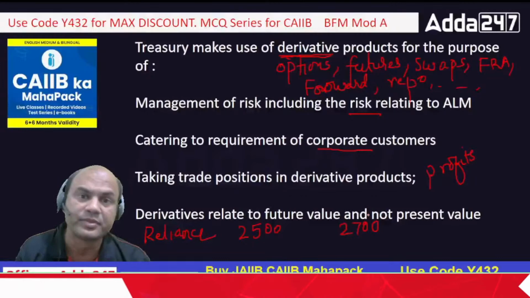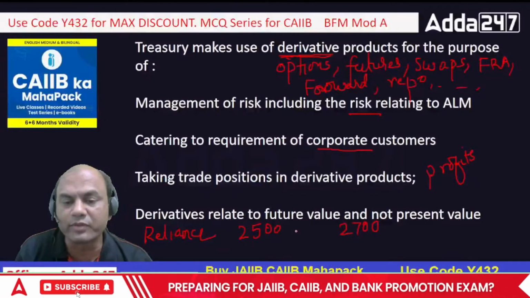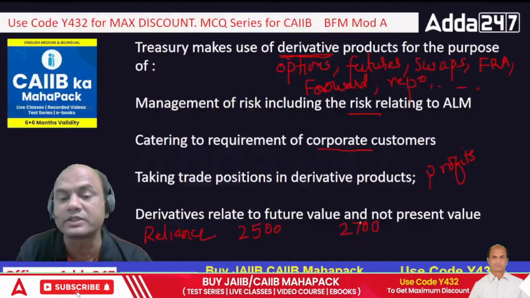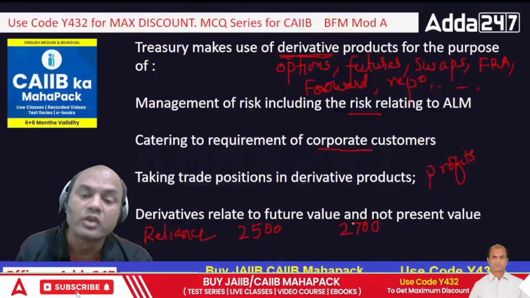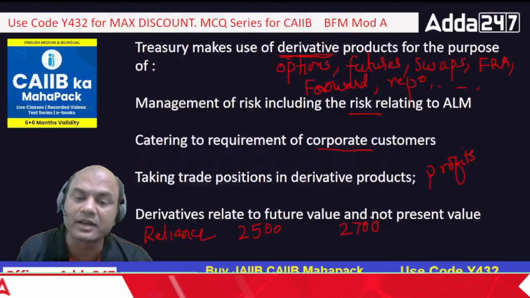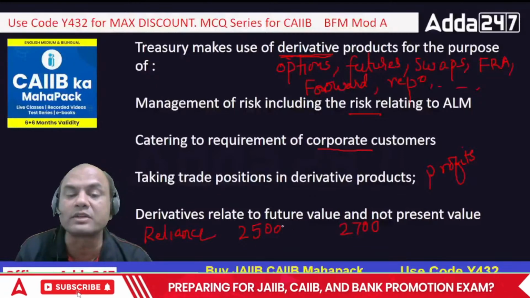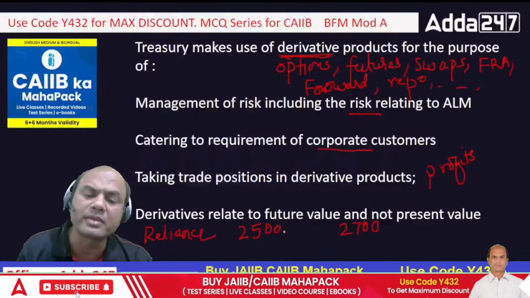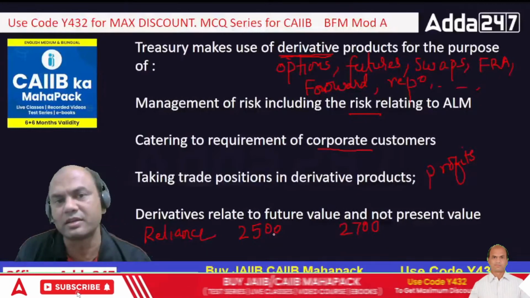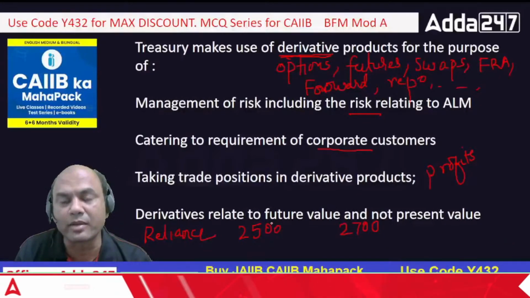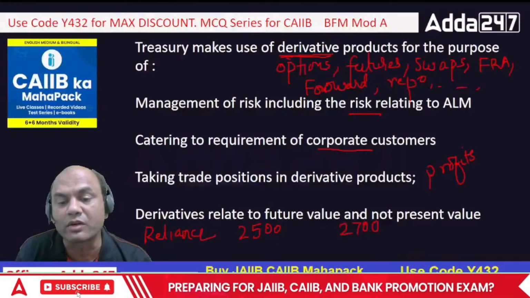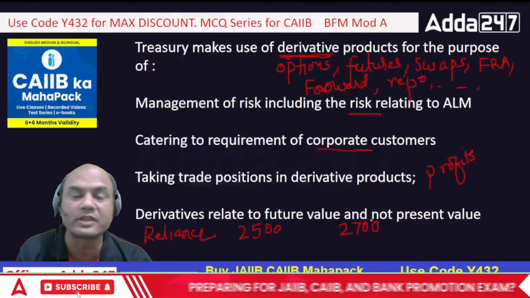That's my view. There is a premium attached to this present cost. The premium can be 10 rupees, 5 rupees, anything. So I'll pay that premium and buy this call of 2700.